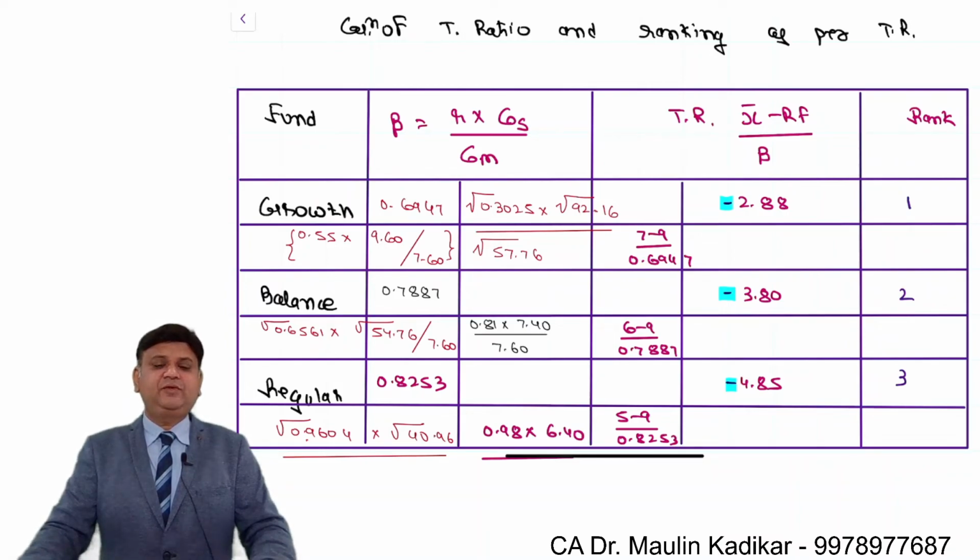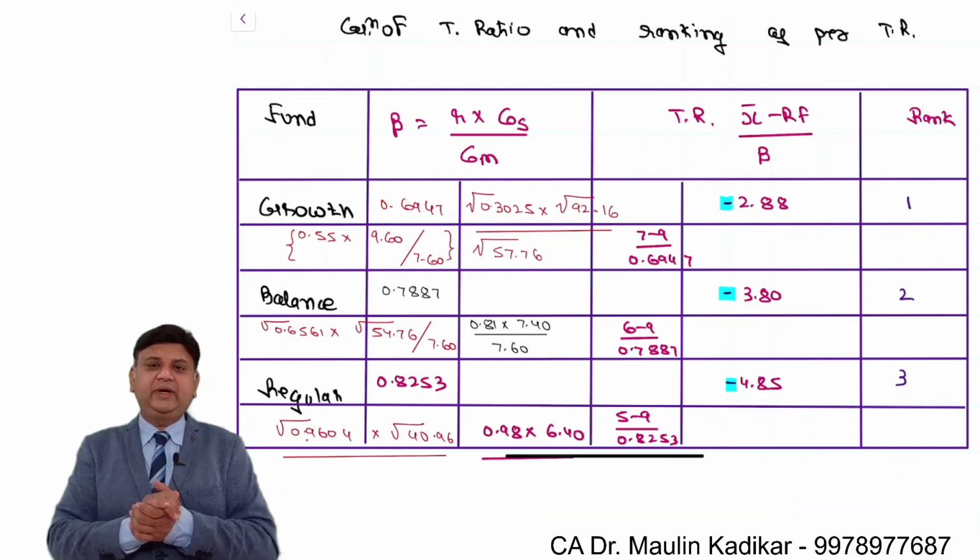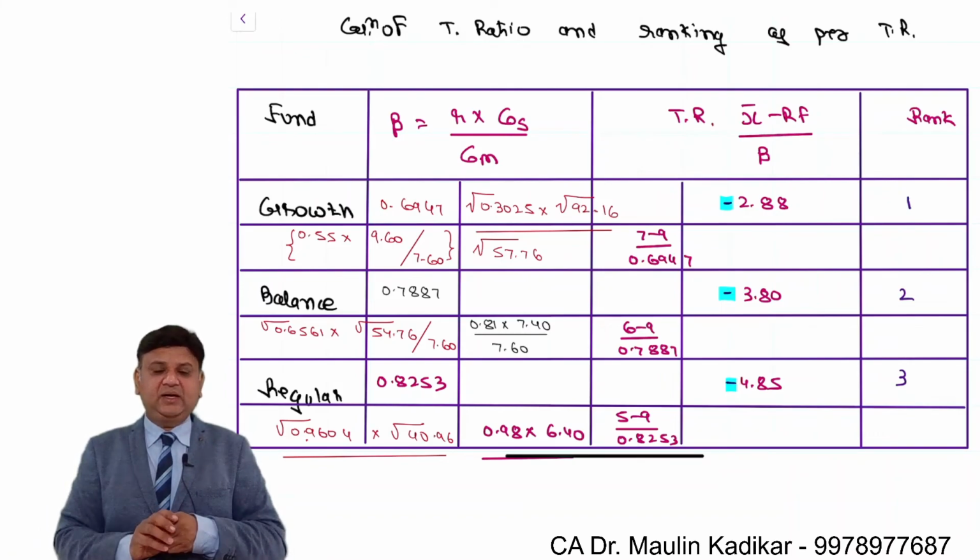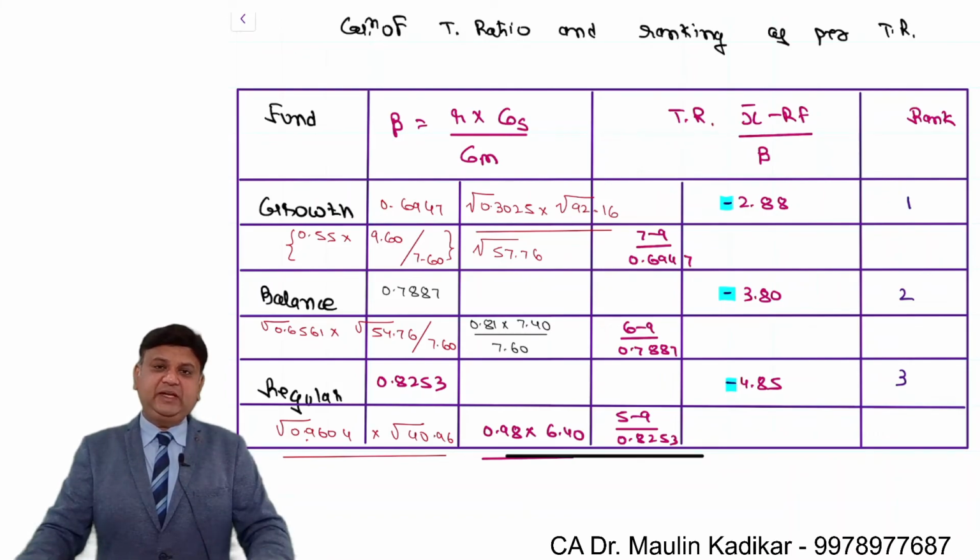That is the way, first of all, we compute the beta. The question provides the coefficient of determination, so we take its square root to calculate R. Again, for the variance, we take the square root to compute the standard deviation. That is the way we compute the beta and then the Treynor's ratio.